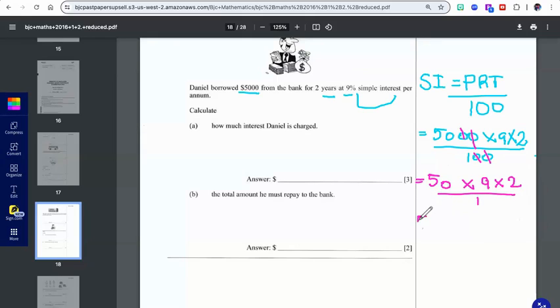Multiply small numbers first, or single digits first. 50 times, we're going to multiply these two together. 9 times 2 is 18. Then we would multiply 50 times 18.